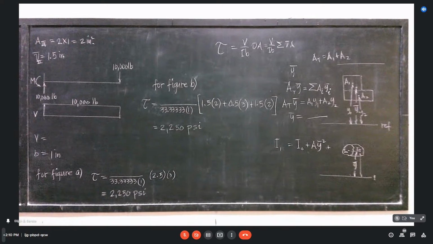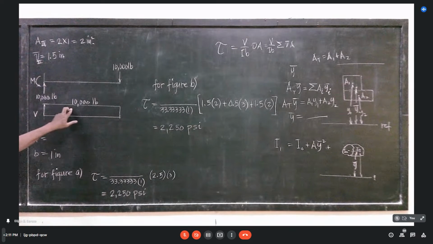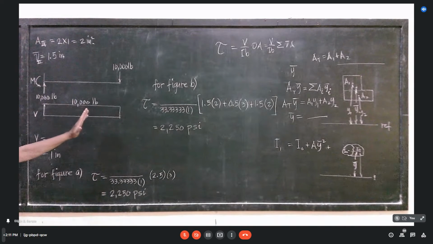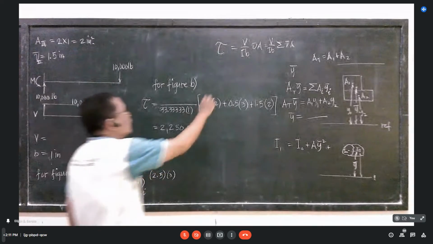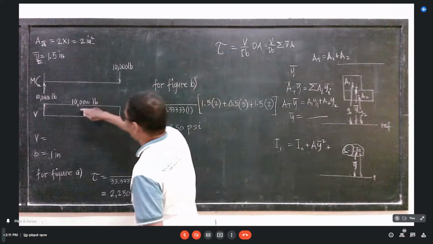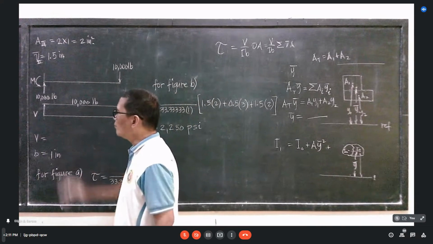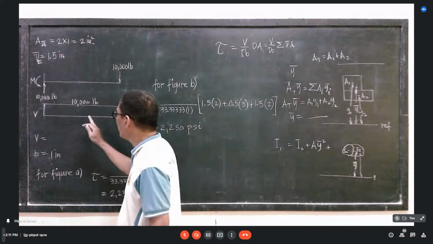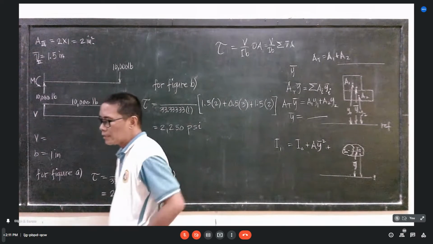Now, if you notice, the shear all throughout the length of the beam is equal to 10,000. So even if you take the transverse shear stress anywhere, your V will be equal to 10,000. That is why, in the problem, it is not being specified asa kadapit mo kuha og transverse shear stress.